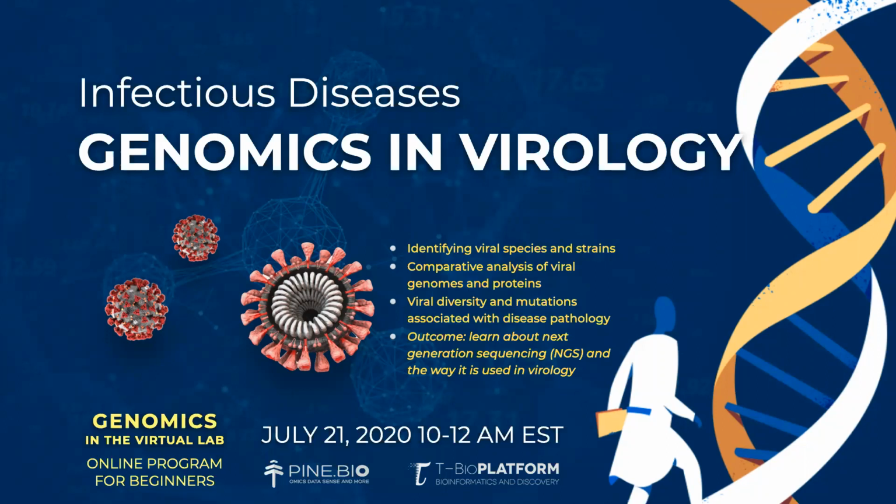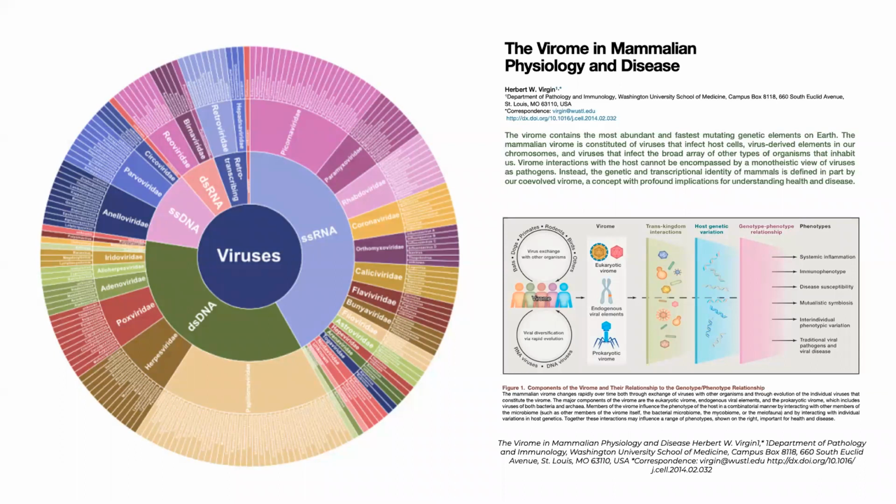Obviously, we did not have time to discuss each of these topics in detail, but I hope it gave you a glimpse of how genomics is very useful and actually transformative to the domain of virology and everything that has to do with infectious diseases. We talked about the virome. So who can tell me the difference between the virome and an infectious disease caused by a particular virus?